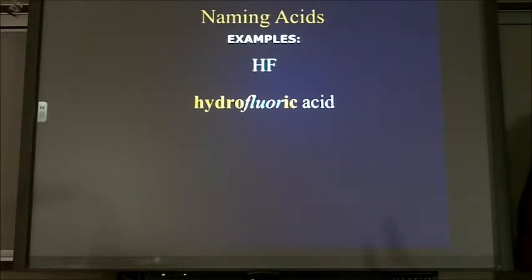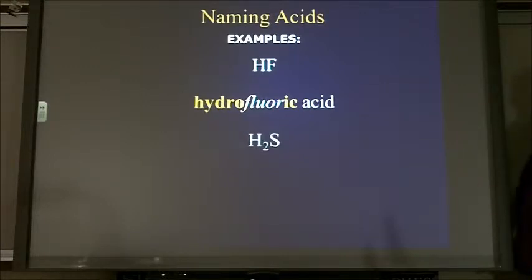Again, there's no oxygen, so it starts with hydro. Drop the last syllable or the last 2 syllables and put ic. So you have fluorine, get rid of the INE and put ic, and now you have fluoric. Since there's no oxygen, hydrofluoric acid.